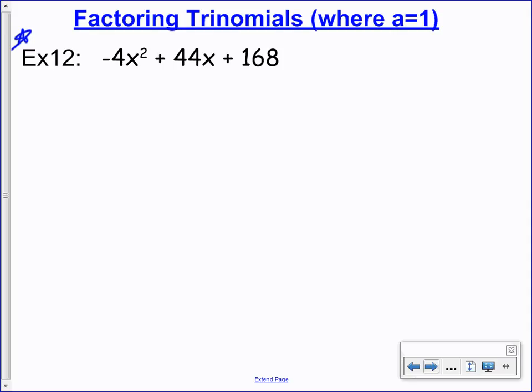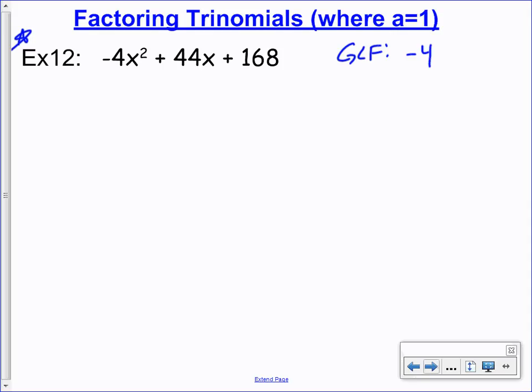So instead of just 4, you have to pull out negative 4. That way the A will be 1 again. If the front number is negative, most likely the GCF is negative, so always pull out the negative where you can.